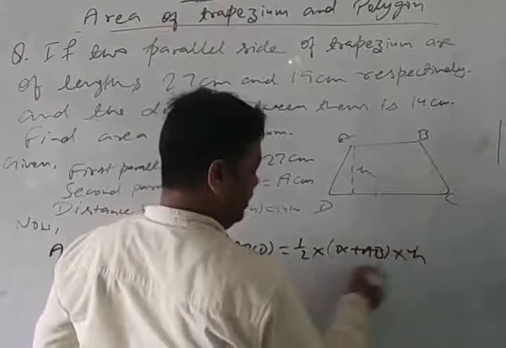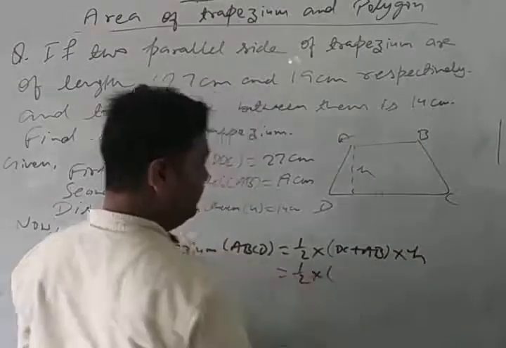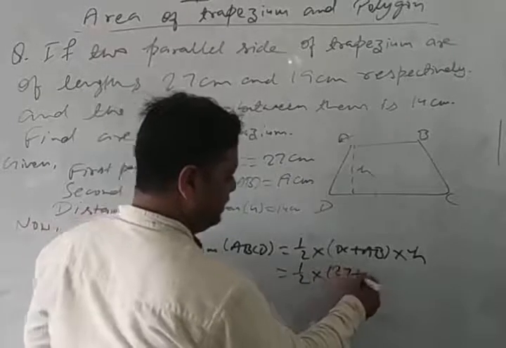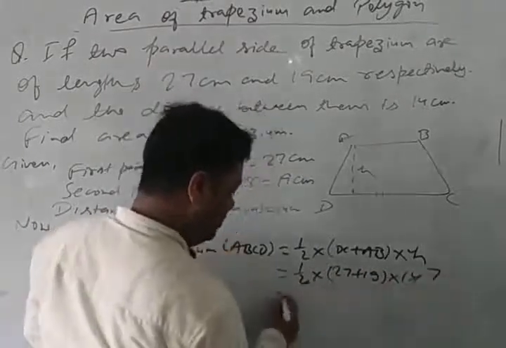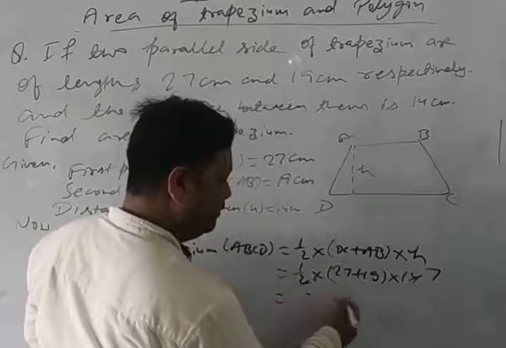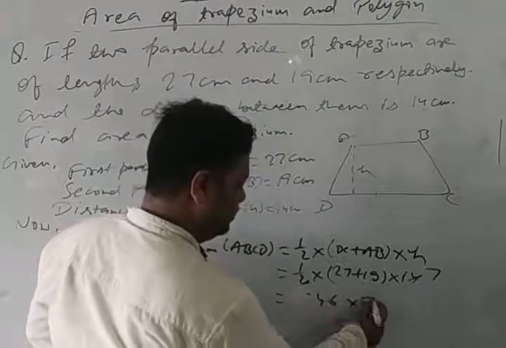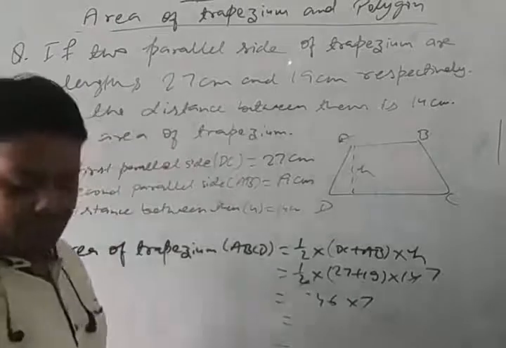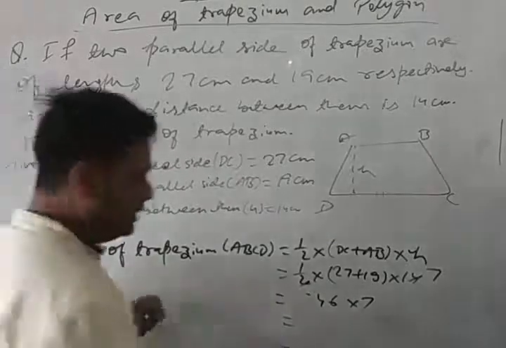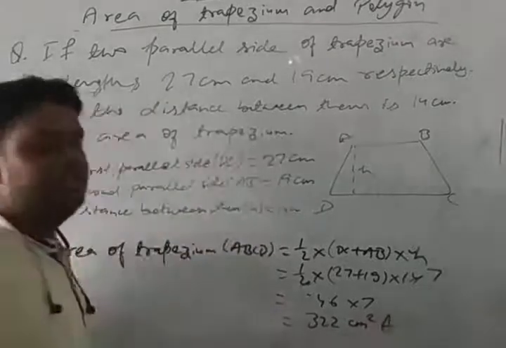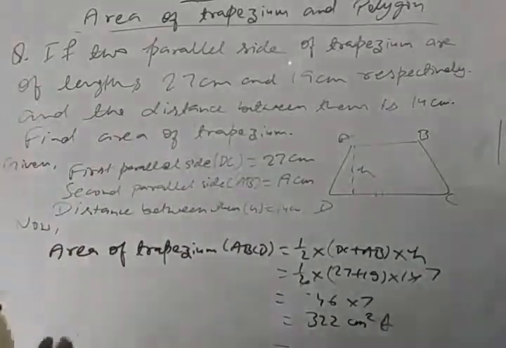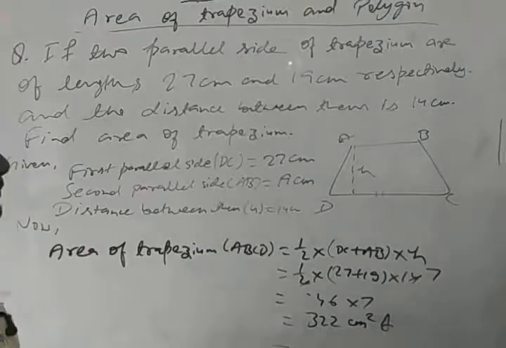Now 1/2 into DC is 27 plus 19 into h is 14. Now 2 sevens are 14. Now 27 plus 19 will be 46 into 7. After you multiply 46 into 7, you will get 322. And since it is area, we will write the unit centimeter squared. So this is the area, and we can find it like this.